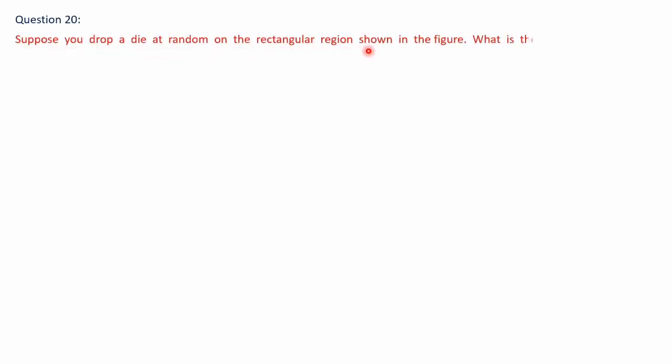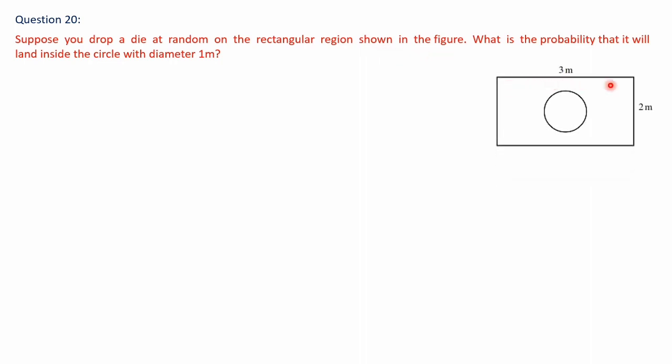Move on to question number 20. Suppose you drop a die at random on the rectangular region shown in the figure. What is the probability that it will land inside the circle with a diameter of 1 meter? The experiment you are doing is you drop a die at random on the rectangular region shown in the figure. There is a figure, the rectangular region's length is 3 meters and breadth is 2 meters.